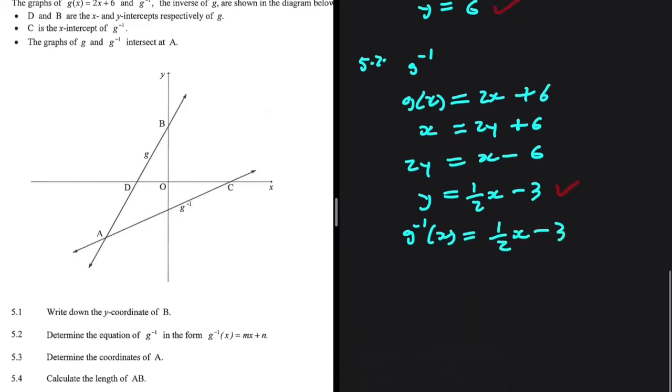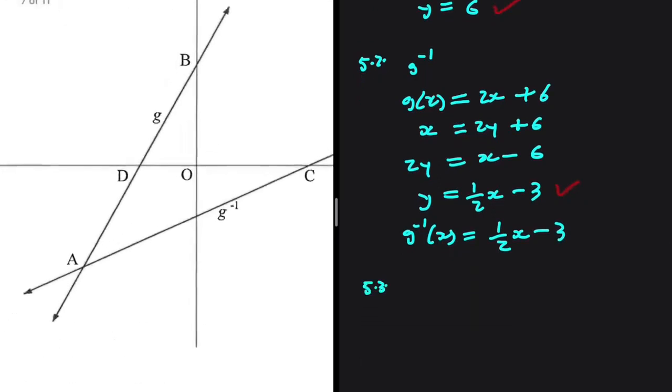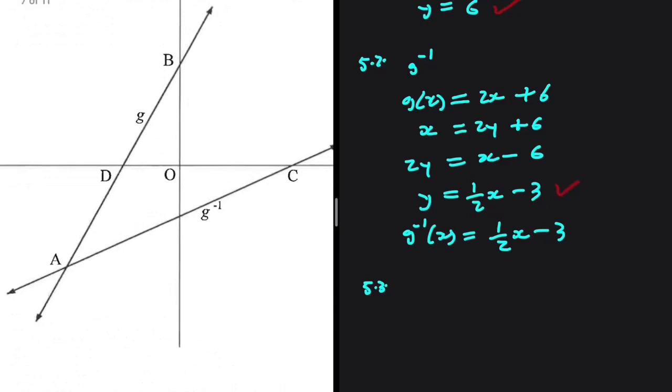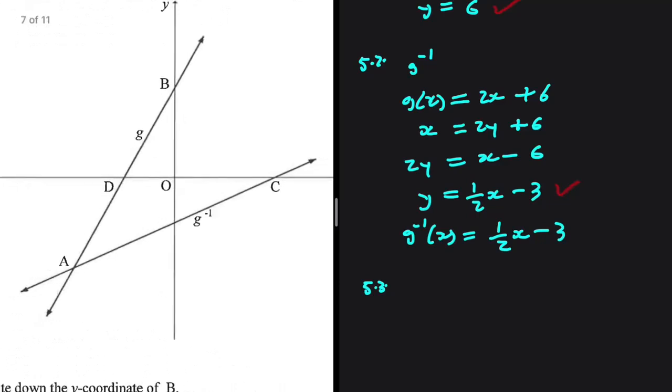Let's move to 5.3. In 5.3, we're supposed to find the coordinates of A. Let's go ahead and take a look at A. A is where g of x and g inverse touch. So in order to find the coordinates of A, we have to equate the two equations.